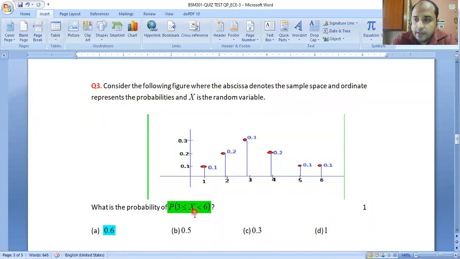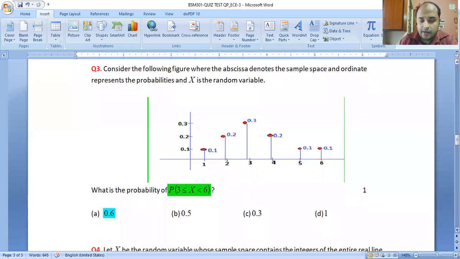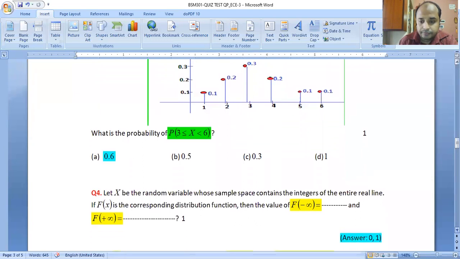So the probability will be P(X=3) plus P(X=4) plus P(X=5). 6 will not be included, and the probabilities are given over there. For X equal to 3 it is 0.3, for 4 it is 0.2, for 5 it is 0.1. So you add these three figures and you will get 0.6. That's how this particular problem is done.